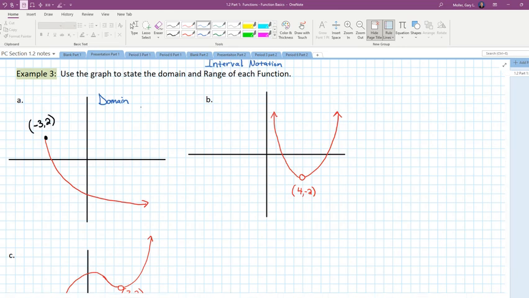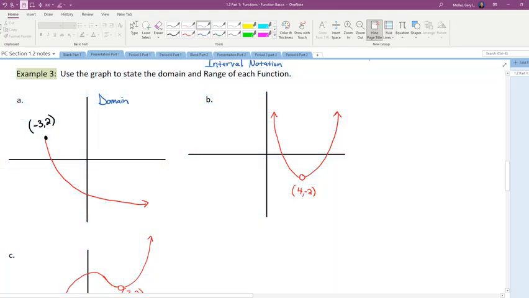So the message that we're getting across here, I'm going to turn off my graph lines here, is that we're starting at -3. Because we have a solid dot right here, not an open circle, we know that point is included. So my domain is going to be from -3, including it, all the way to infinity.